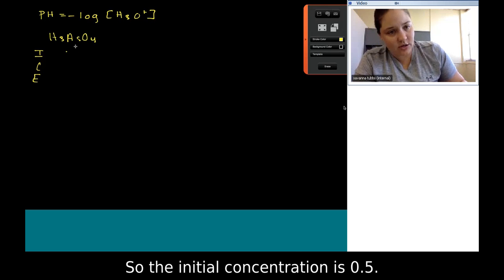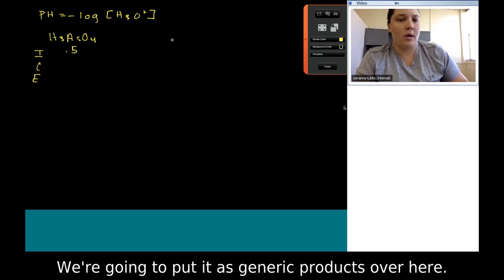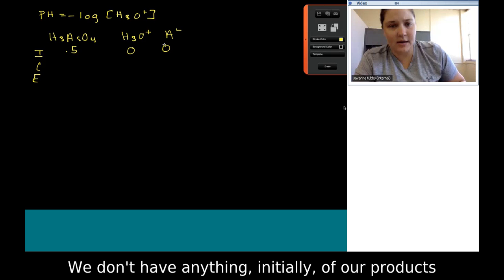So the initial concentration is 0.5. We're going to put it as generic products over here. So we have H3O plus and A minus as our products. We don't have anything initially of our products.